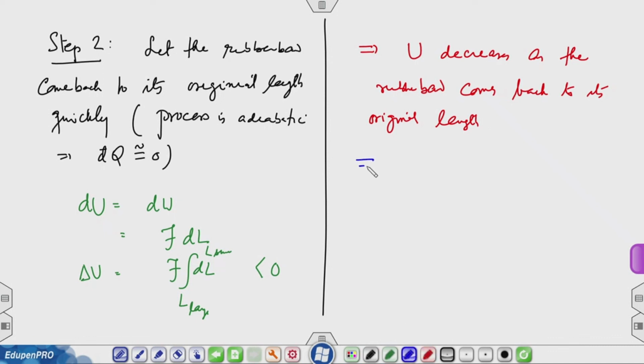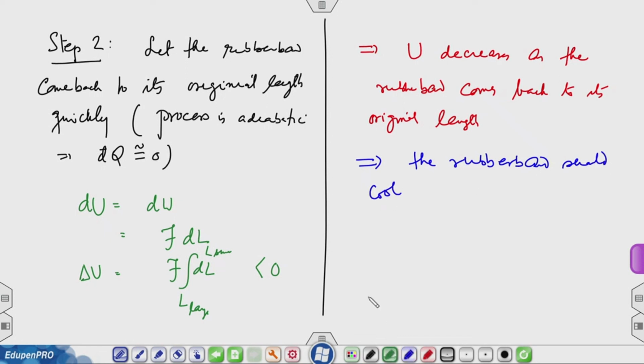And this means, usually, higher the temperature, higher the internal energy, lower the temperature, lower the internal energy, the rubber band should cool.